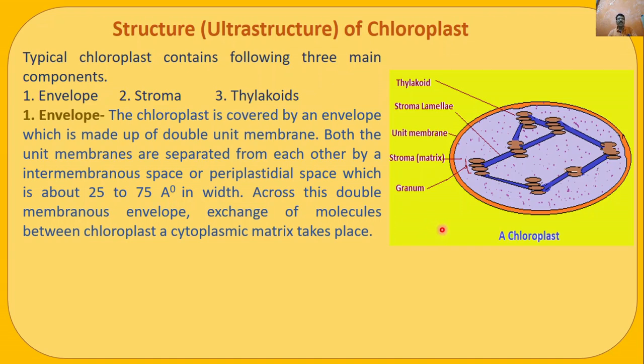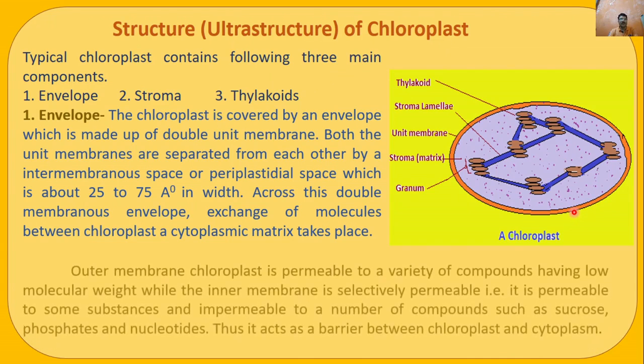Across this double membrane envelope, exchange of molecules between chloroplast and cytoplasmic matrix takes place. Means the different components will be transferred from cytoplasm to chloroplast and chloroplast to cytoplasm through this membrane. So this is a very important unit membrane.